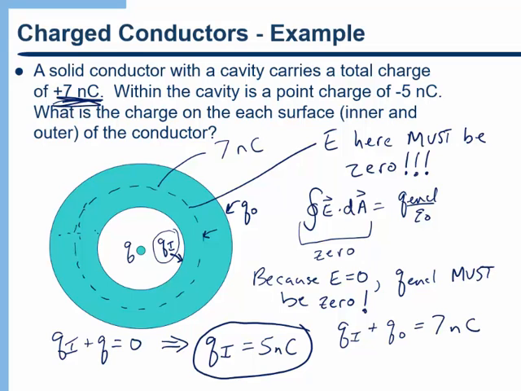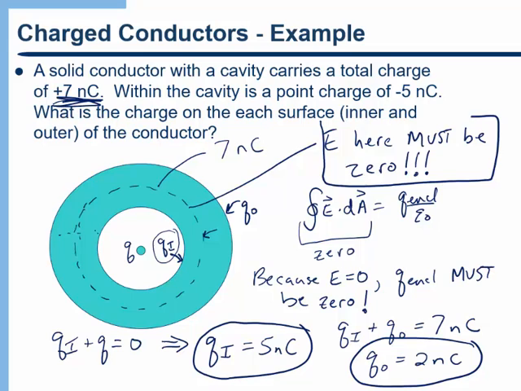Therefore, the total charge on the outer surface, Qo, is 2 nanocoulombs. And so those are our answers. Notice, by the way, the key concept you have to know to get this problem right is that the electric field has to be 0 anywhere inside the conductor.